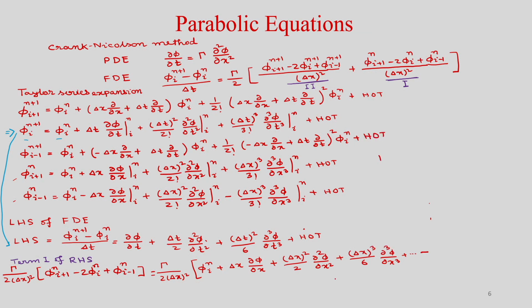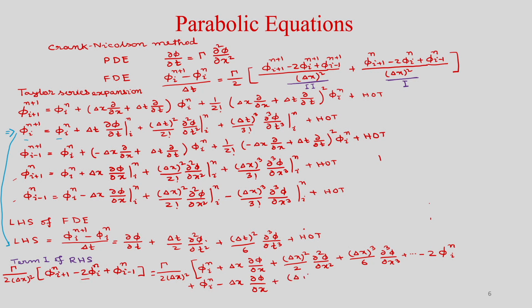Then minus 2 phi I n, then you write phi I minus 1 n, the expansion whatever you have written. So, it will be plus phi I n minus delta x del phi by del x, all these derivatives about the point I and time level n.